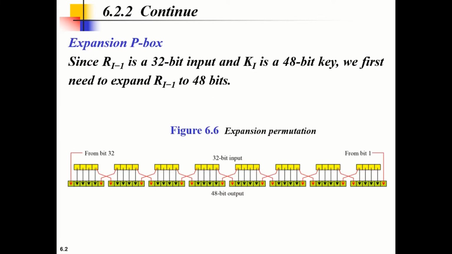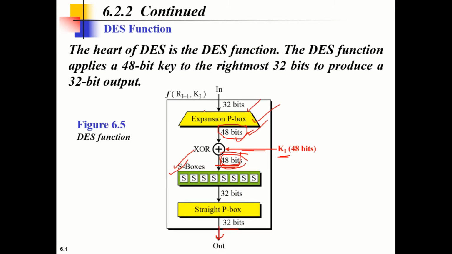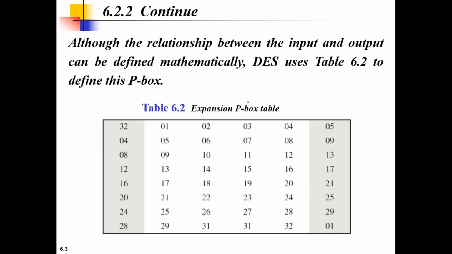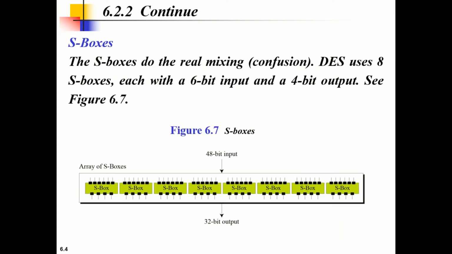So that is the expansion part of this initial component, and this was the expansion P box table. Now these are the S boxes. As I already told you, these S boxes will convert the 48-bit data into 32-bit data. The input to these S boxes will be of 48 bits.